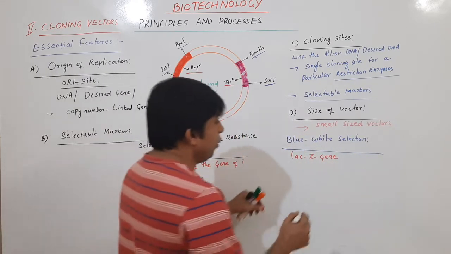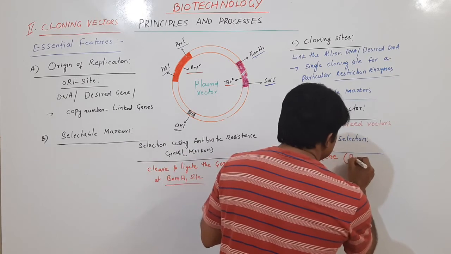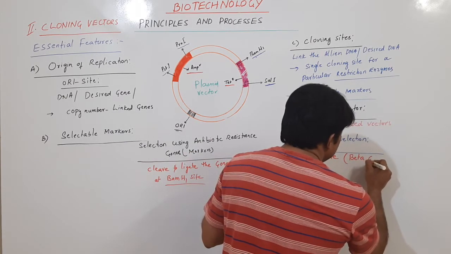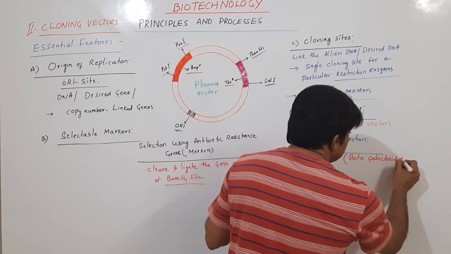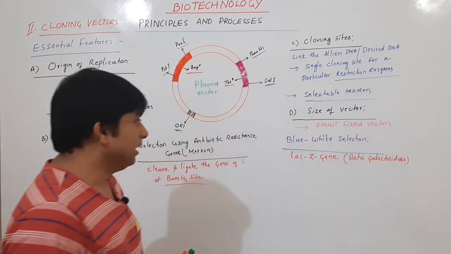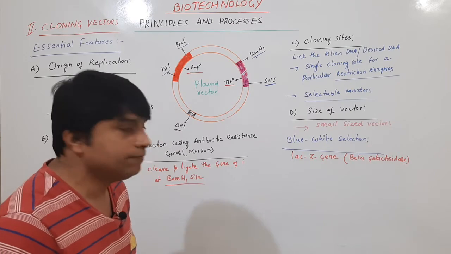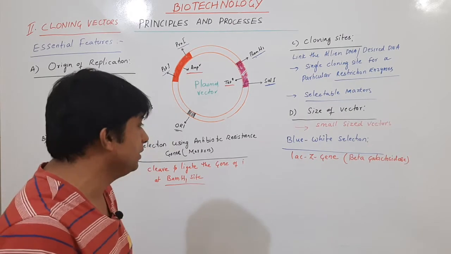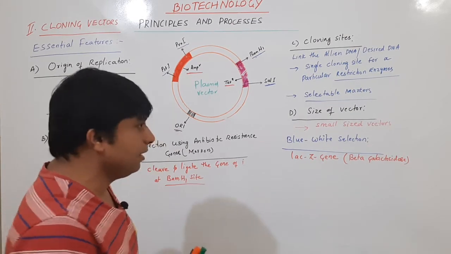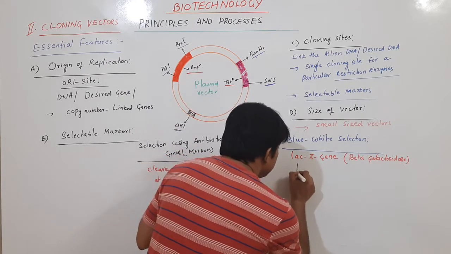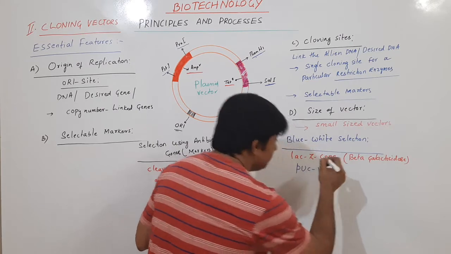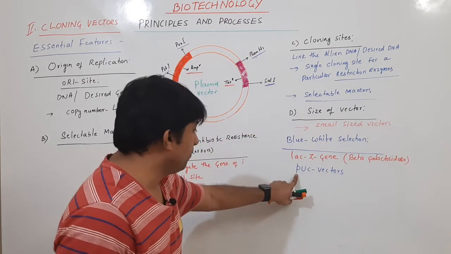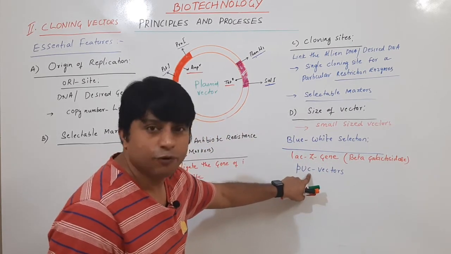The product of this gene is beta galactosidase. This lacZ gene for beta galactosidase is the marker used in the pUC vector. pUC: p for plasmid, UC for University of California.